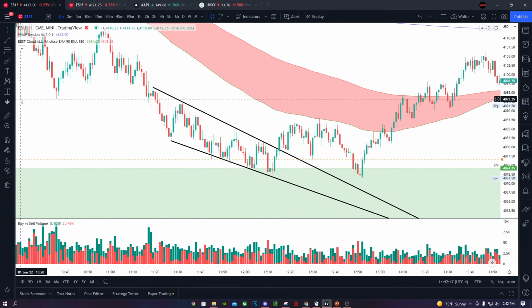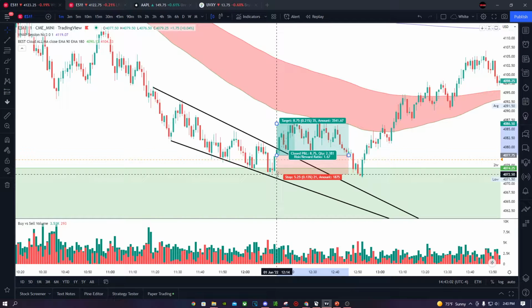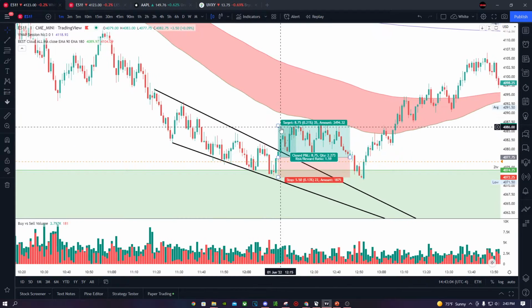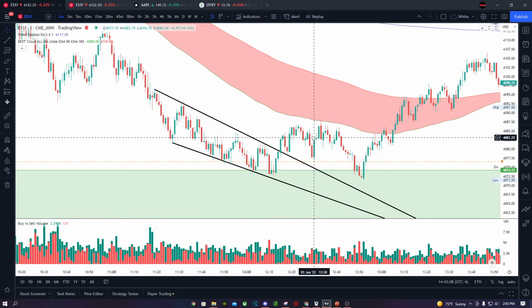somewhere around here, right after this candle that has a lot of buying volume on it. It's all buying volume, and it's quite a bit more volume than we've had recently. So you go long there, you set your stop loss below the low. You target really anywhere you want, maybe these VWMA bands.